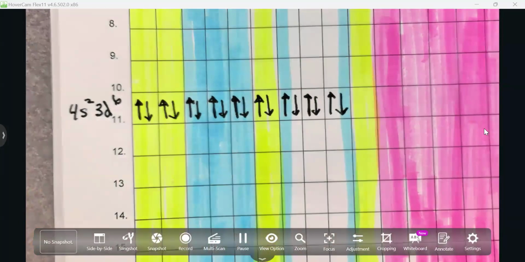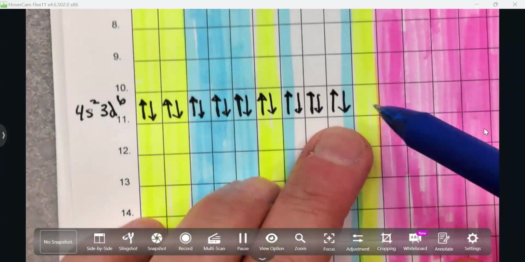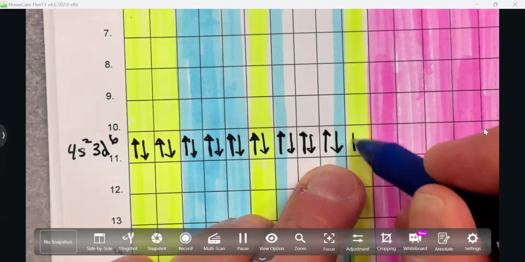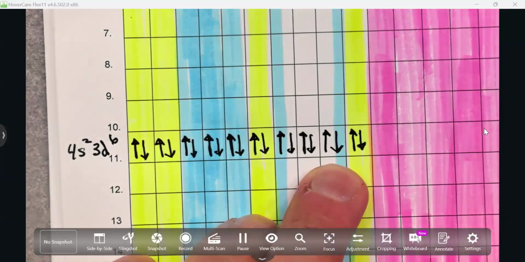It's hard to tell where you left off. That's why I just did some highlighting. After 3p6, 4s2, and I end with 3d6.